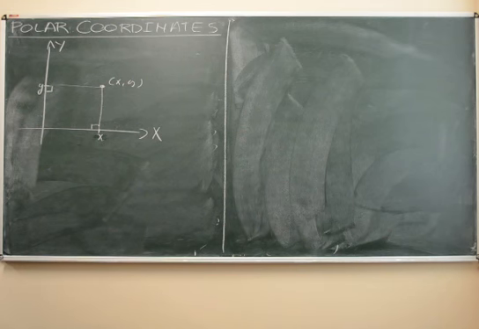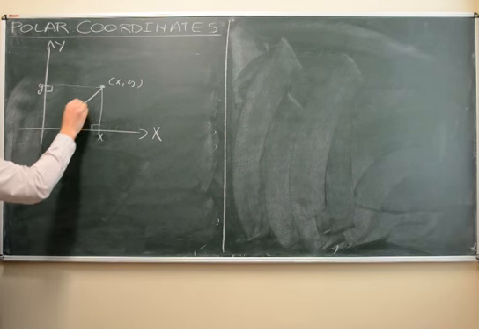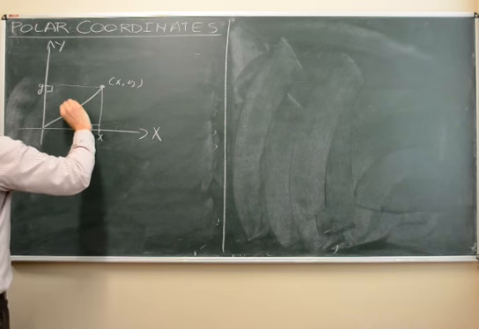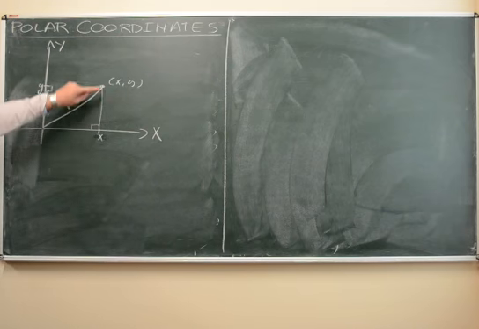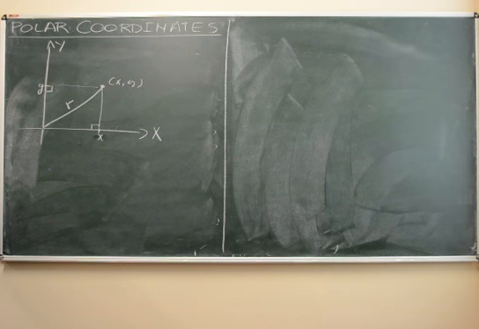Now, this is a very convenient way of labeling the points, but in some situations it can become cumbersome. So let's try and figure out a different way. Suppose that you know the distance r between your point and the origin. Then you know that this point lies on a circle with center at the origin and radius r.